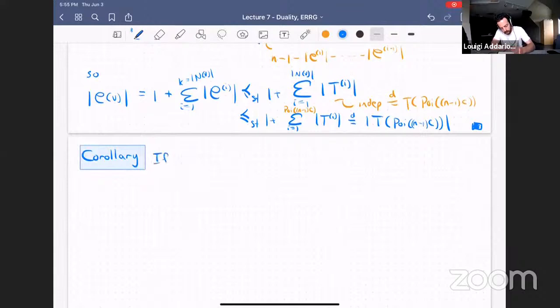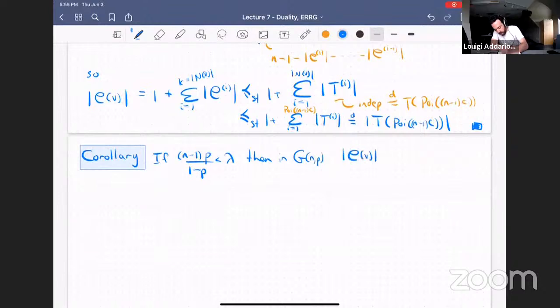So if (n minus 1)p over 1 minus p is less than lambda, then in G(n,p), the size of the component containing v is stochastically at most the size of a Poisson(lambda) Galton-Watson tree.